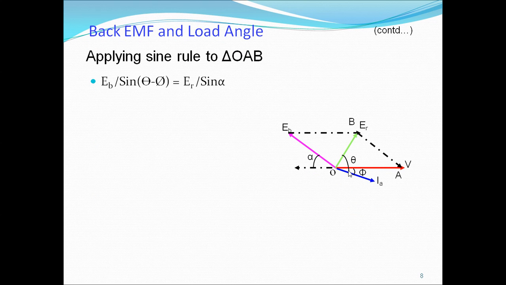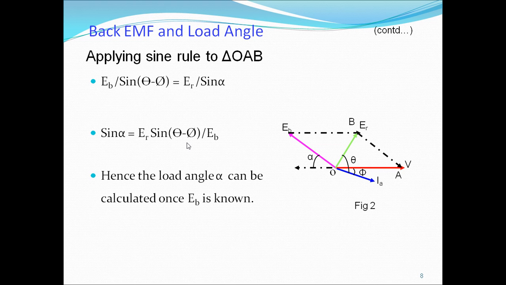To calculate the load angle, we have to apply the sine rule in triangle OAB. That is, EB by sine of the angle theta minus phi is equal to ER divided by sine alpha. So sine alpha is equal to ER into sine of theta minus phi by EB.